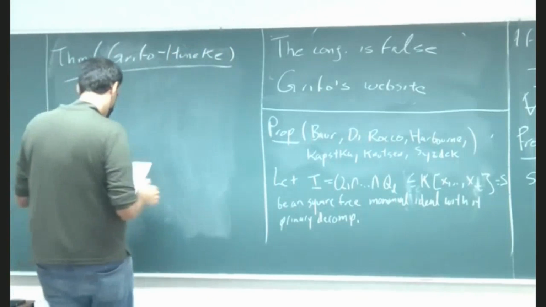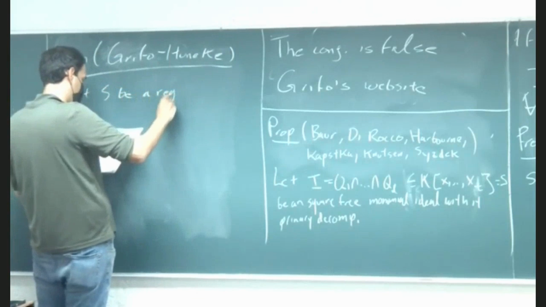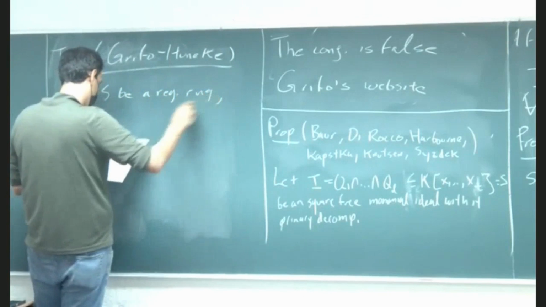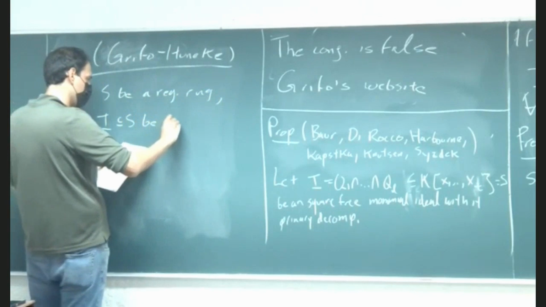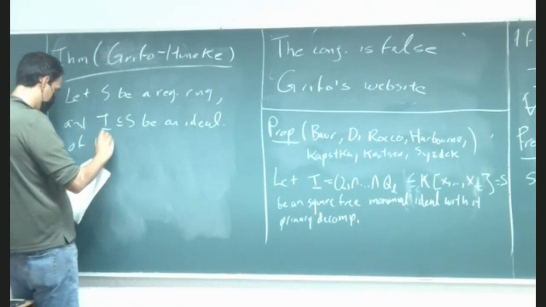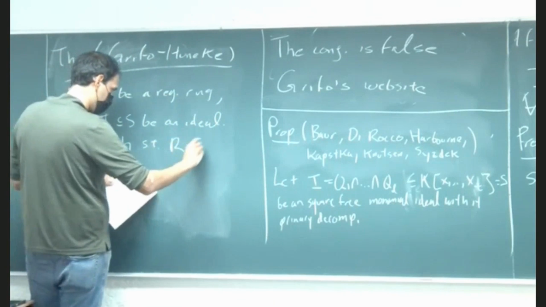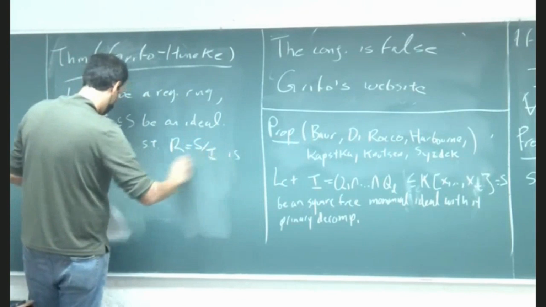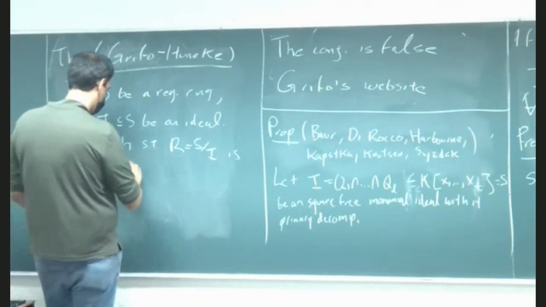So let S be a regular ring, and I contained in S be an ideal of height H such that R equals S over I is F pure. Then Harbourne's conjecture holds.